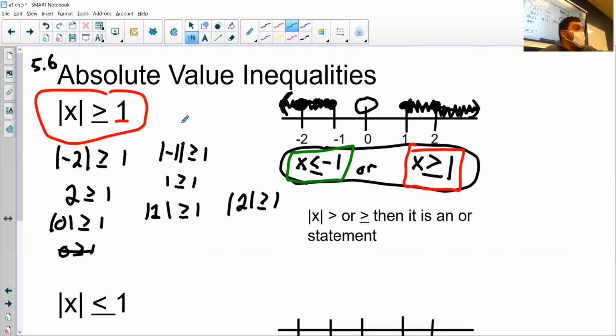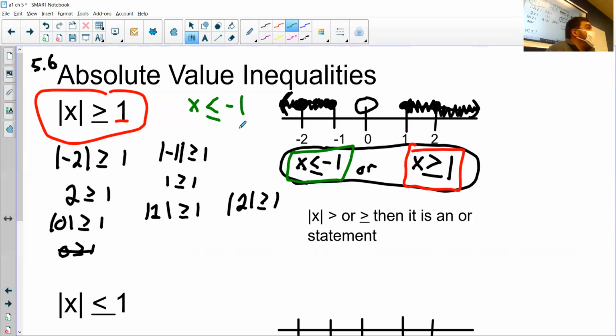You do the positive and the negative. But whenever you change something from positive to negative, what do we do to the inequality? You flip the sign. So notice when you do the negative version, you're flipping the sign.